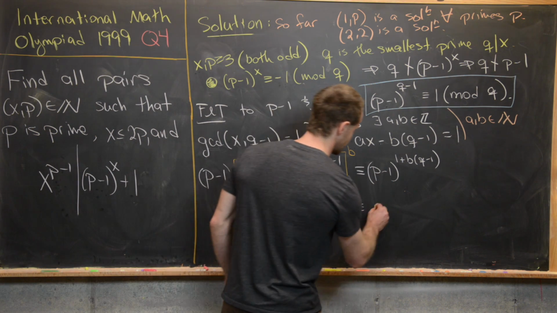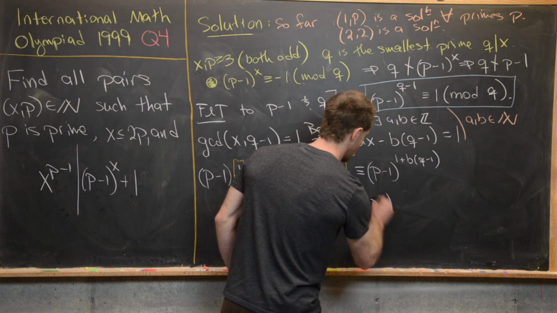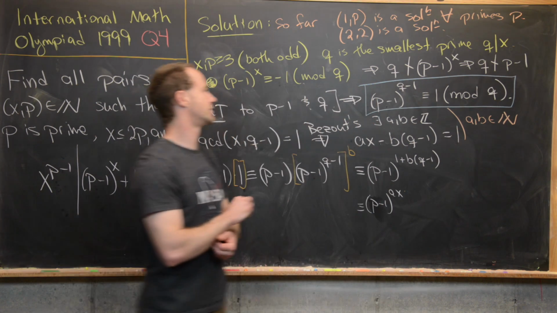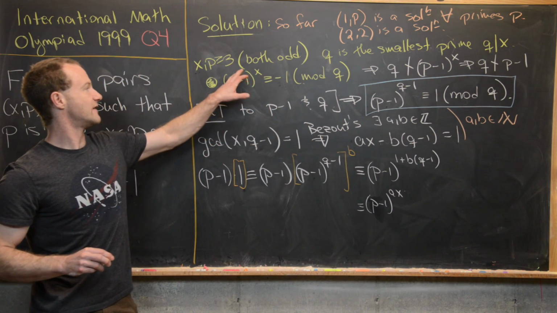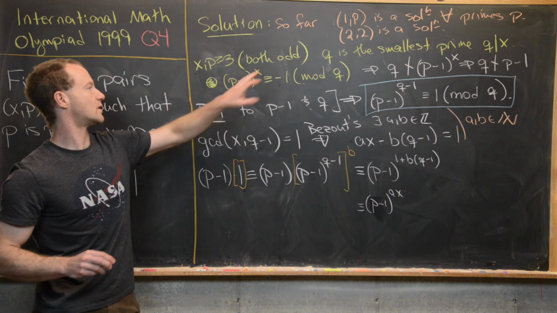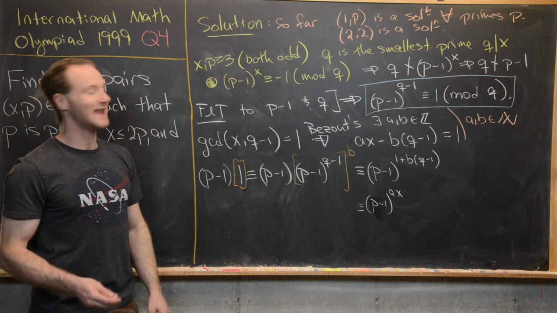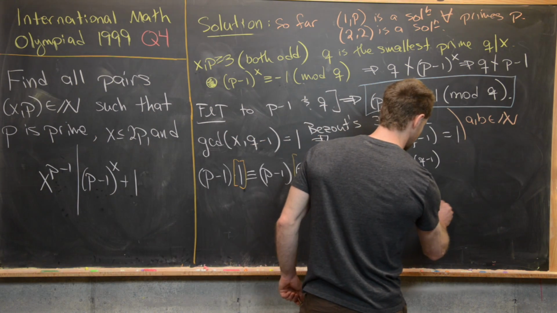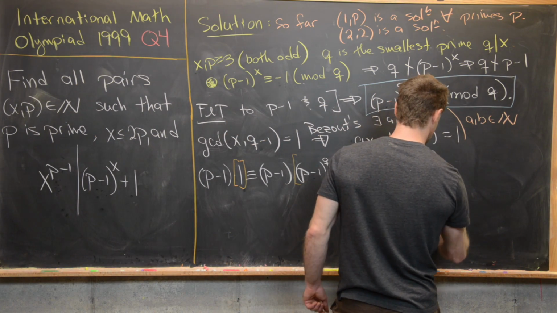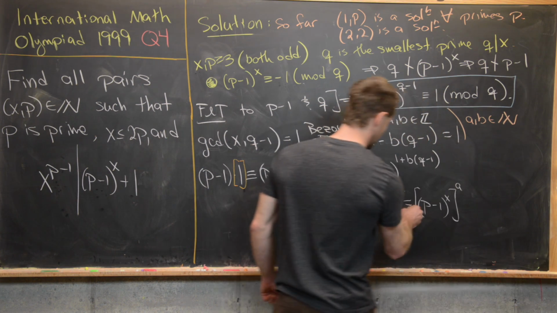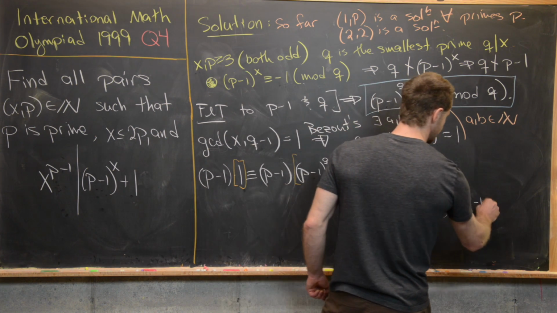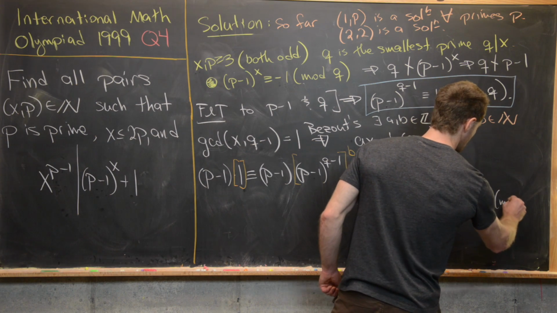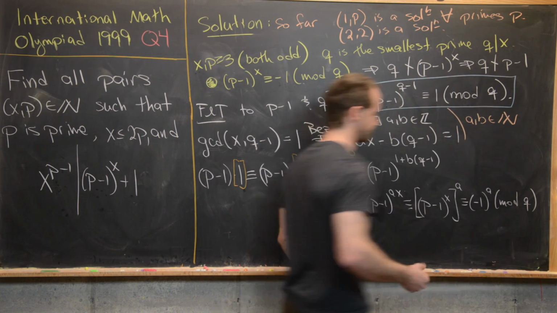So this is going to be equal to p minus 1 to the ax. Great. But we derived on the last board that p minus 1 to the x was congruent to -1 mod q. So that means here we have this as p minus 1 to the x all to the a. But now that's going to be congruent to -1 to the a mod q.